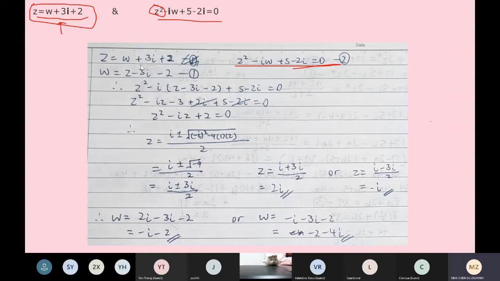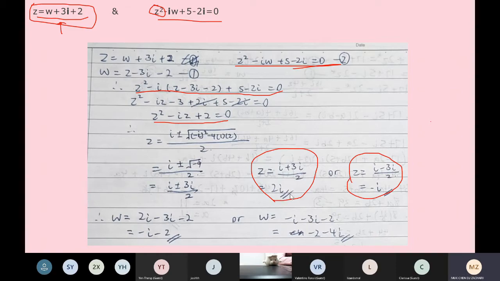Okay, so what you get is this equation, which you then expand, and then you simplify to get this. Now once you get here, you use your quadratic equation again to solve for z, which will give you this or this.